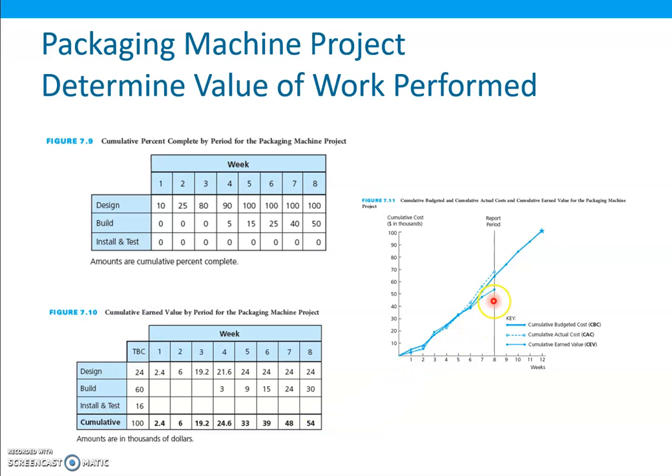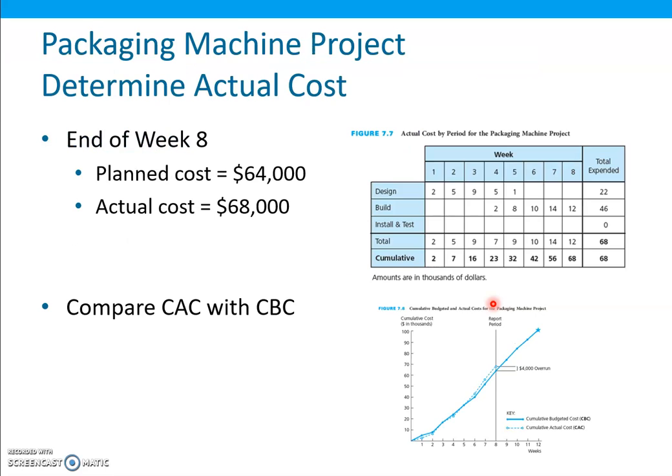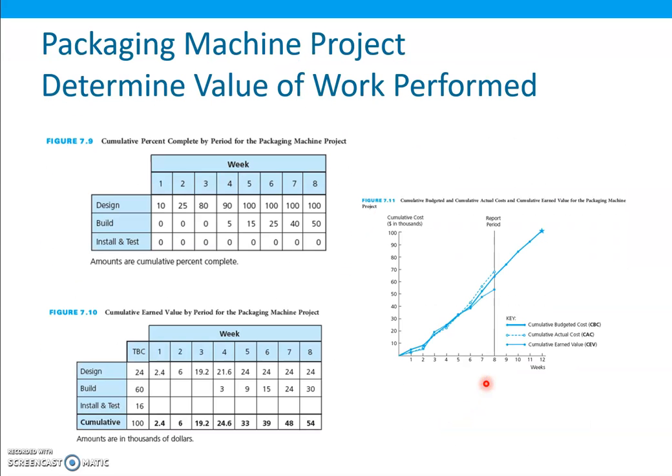So here we can compare with the previous two charts. That was the previous chart for the actual cost, and this chart is now for the actual cost plus the amount of work performed. The amount of work performed is $54. In this case we can see that we have spent more, and also we have performed less work as well. 54% of the work, whereas the work should have been performed much higher.